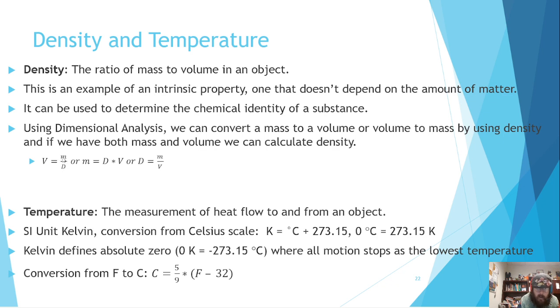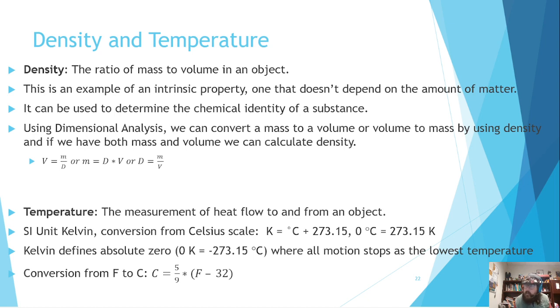So grams divided by grams per milliliters gives us milliliters. Grams per milliliters times milliliters gives us grams. Or grams divided by milliliters gives us grams over milliliters. By watching our units, these conversions should make sense.